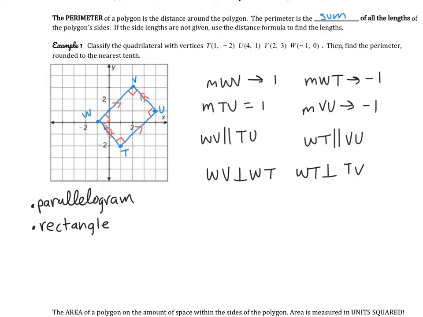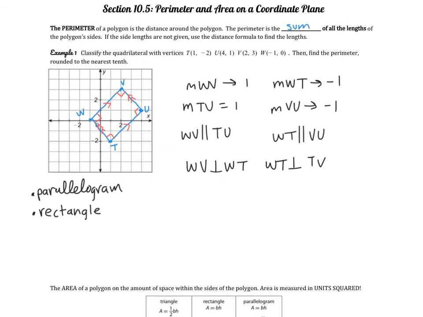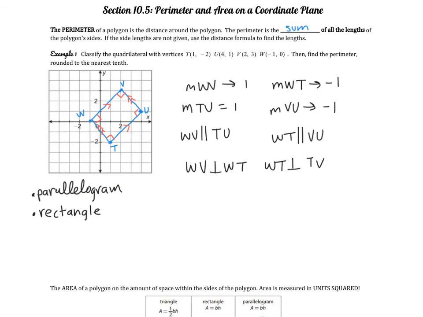Now to check to see if it is a rhombus, one way we could do this is by seeing if all 4 sides are the same length, and we need to find the lengths anyways to find the perimeter. So let's start finding the length of all 4 sides. Okay, let's start by finding the length of TU, and again we're going to use distance formula.